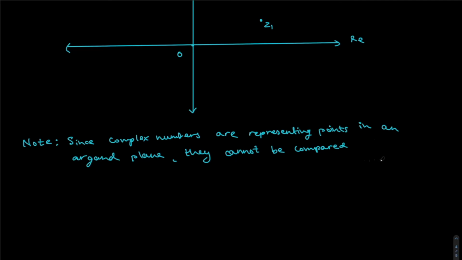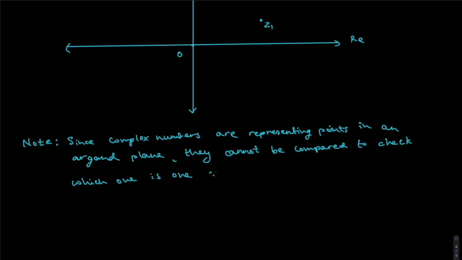All they're doing is representing the location of each complex number. They're not telling you the size of each one relative to one another, right? So they cannot be compared to check which one is bigger.